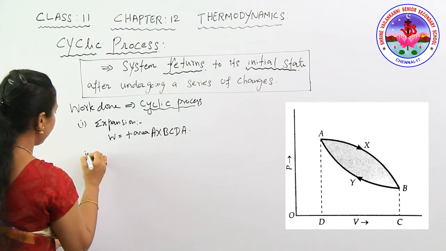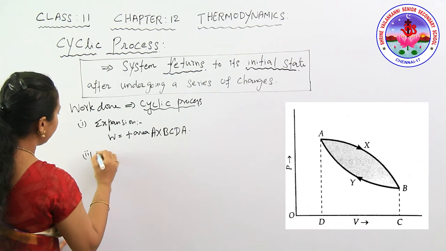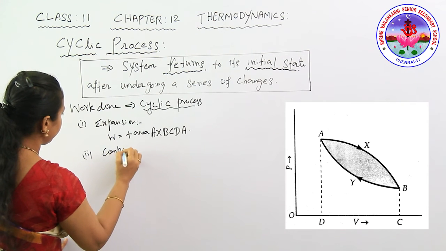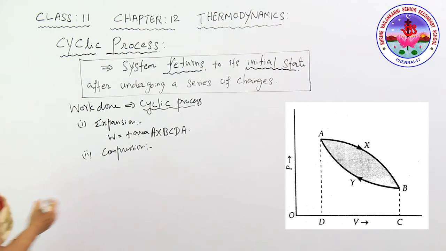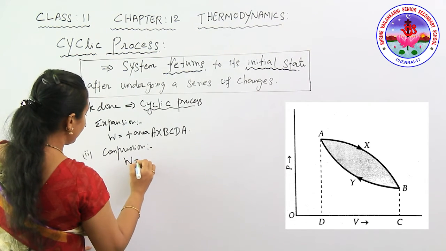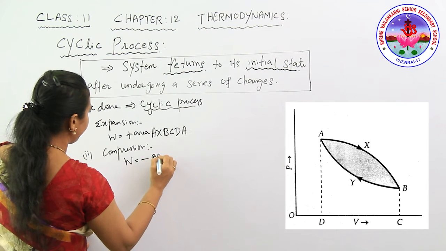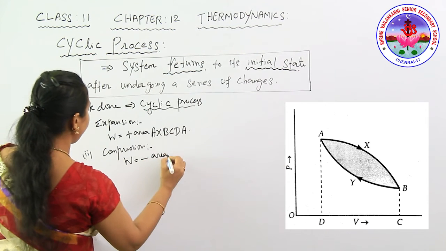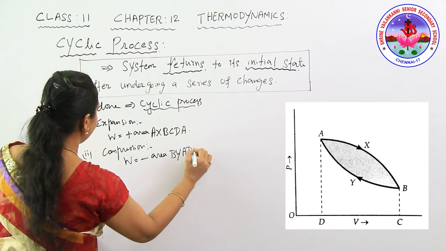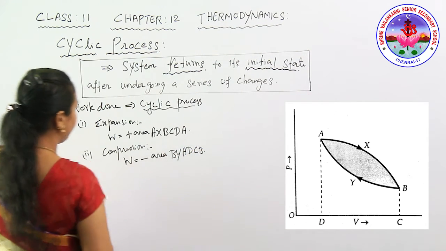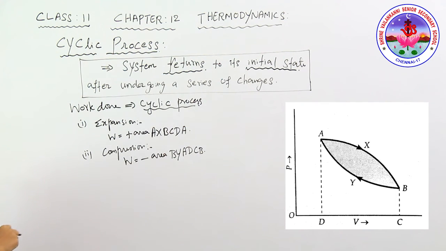Okay. The next one is for during the compression. During the compression, it is taken as negative area of BYADCB. Observe the path of the diagram, children.